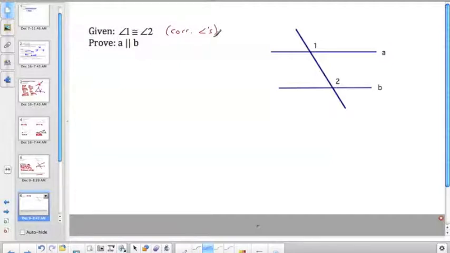Again, we're going to do this sort of informally. So we got angle 1 congruent to angle 2 because that's given. I'm going to throw an angle 3 in here. And we know that angle 1 is congruent to angle 3 because vertical angles are congruent.